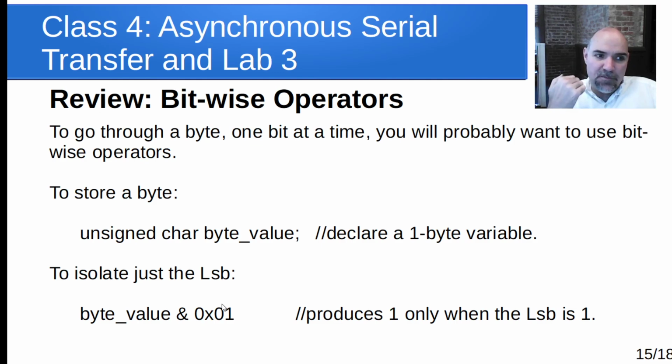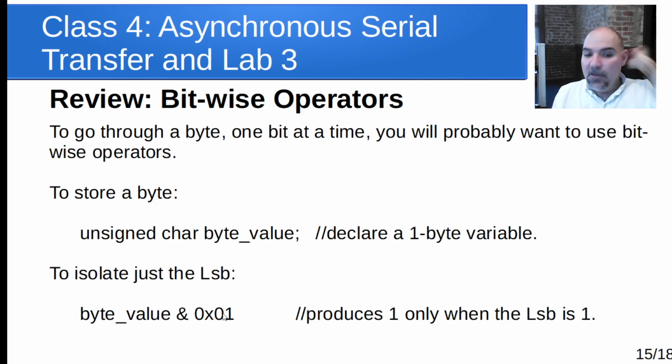It gives an output of 0 if one or the other is 0. In other words, the only way it gives an output of 1 is if both of them are 1. So by putting a 1 in this least significant place, if I have a 1 in the least significant bit place of the byte value, then that 1 will be passed through. If I have a 0 here, I'll get a 0 passed through, and all of the other bit positions that aren't 1, they'll all be forced to a 0 because that's how AND works.